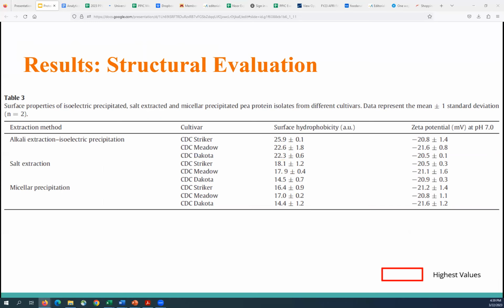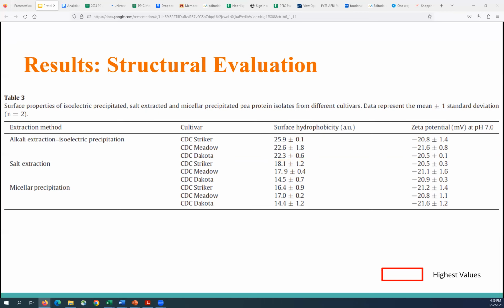From the data, we can see alkaline extraction has higher surface hydrophobicity than salt extraction and micellar precipitation. It is hypothesized that alkaline extraction gave high surface hydrophobicity because this method precipitates mainly globulin protein, while salt extraction precipitates both globulin and albumin.